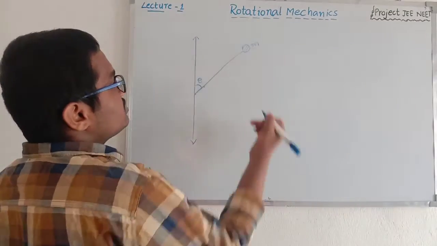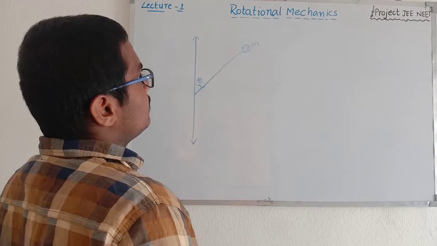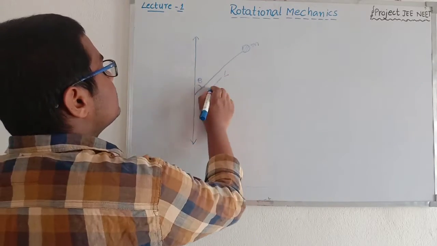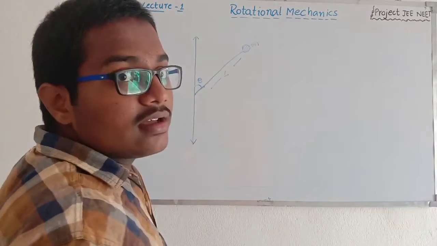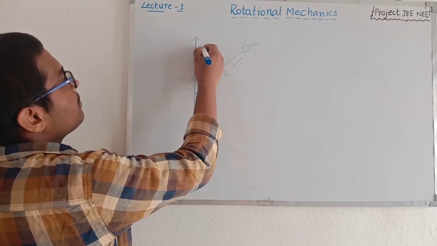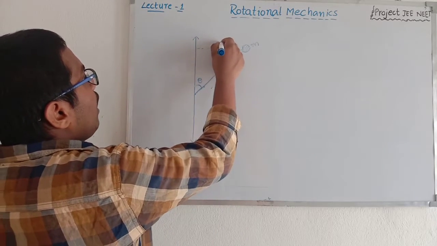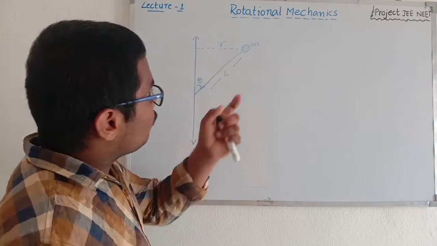Same question here. I forgot to say the angle between them is theta. The length is L and the angle is theta. So I will tell you. Here let's assume this as R. So here this is L and this is R. So what is R here?